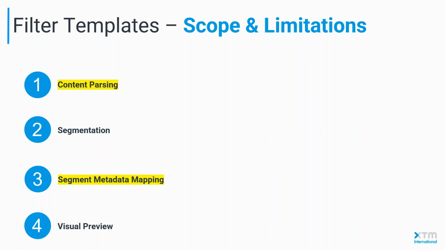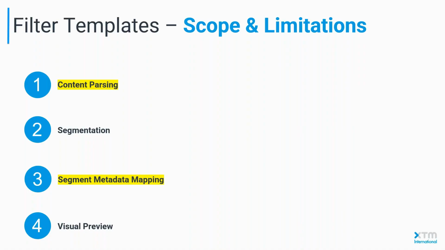So after the content is parsed, the translatable content is extracted from the files and broken down into segments. The filter template can contain the segmentation rules for one source language at a time, and it will apply the rules to all file formats in that language.